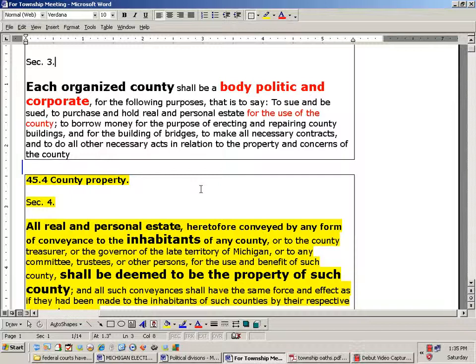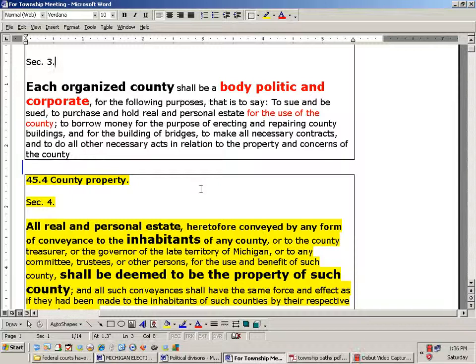It doesn't say you. And what do they consider county property? All real and personal estate heretofore conveyed by any form of conveyance to the inhabitants of the county. So if you say that you are part of the organized county, that you inhabit the organized county, then it shall be deemed the property of the county.